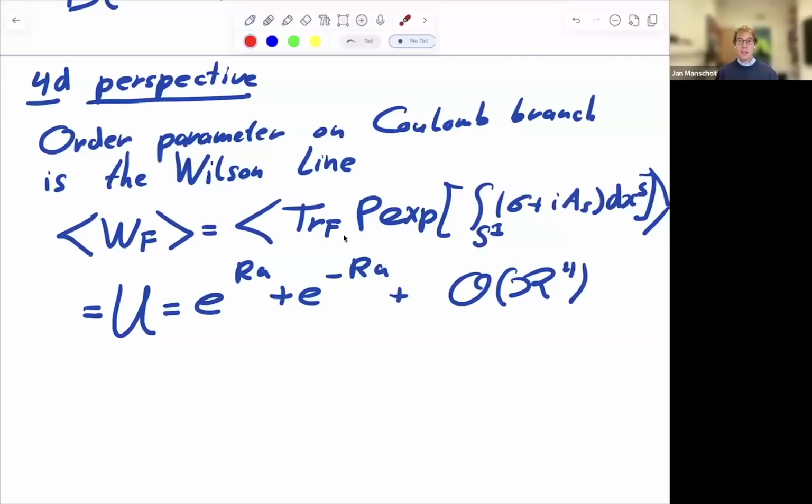If we take R to 0, this will go as 2 plus RA squared, and you reproduce the order parameter U if you send R to 0, except for the leading term 2. If you subtract that, you produce the order parameter U.